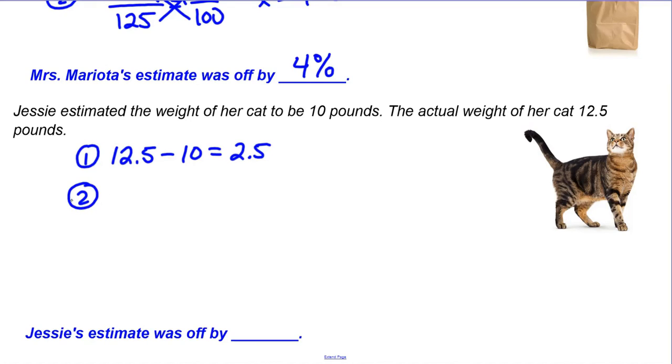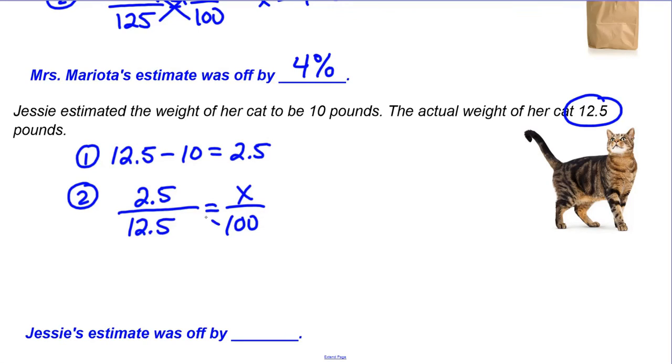So what percent is that? We have to find out what percent that is using the percent error proportion. This was the amount of error. The actual amount was 12.5 pounds. So that goes in the denominator. How much is that out of 100? And then again, I use cross product to solve this. 100 times 2.5 is 250.